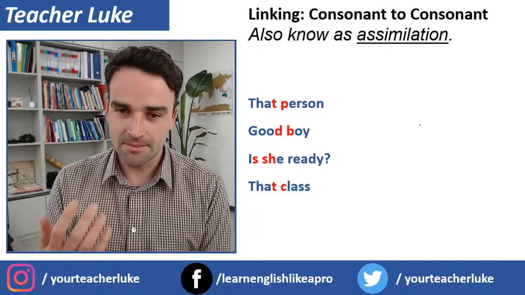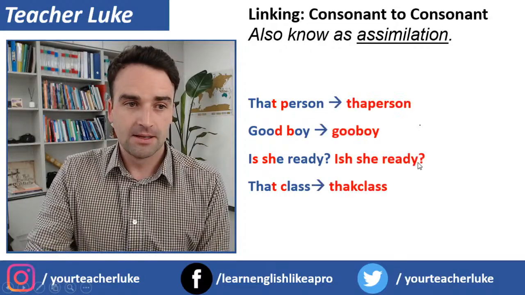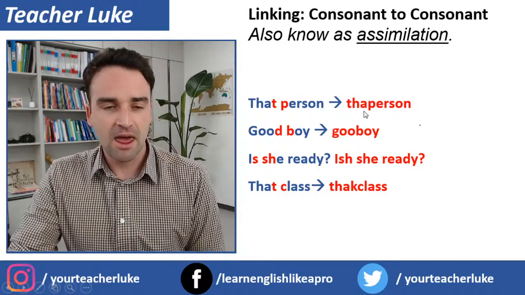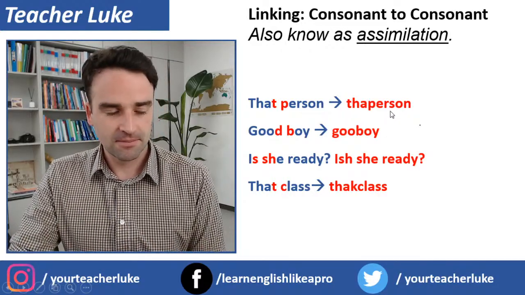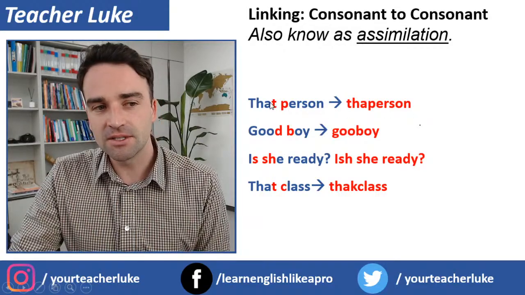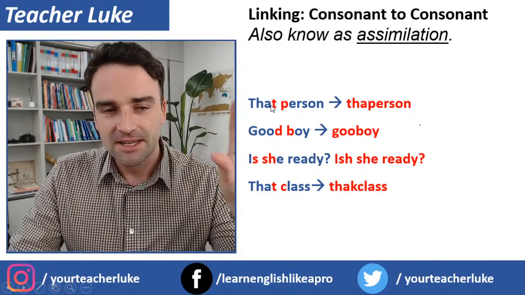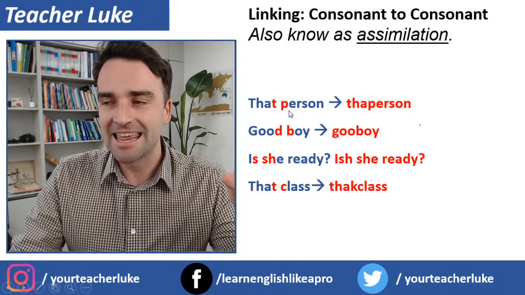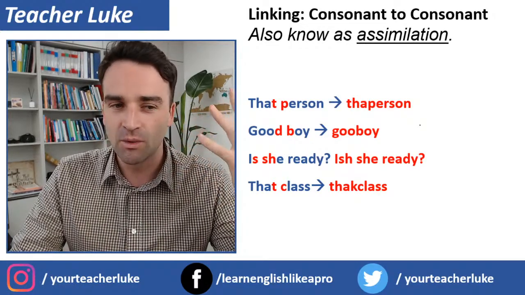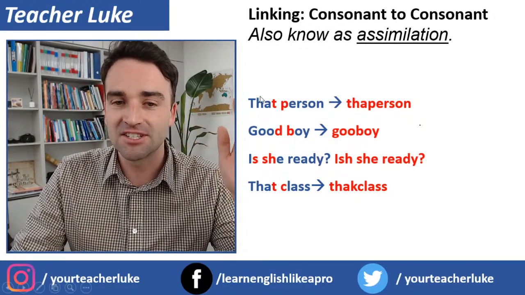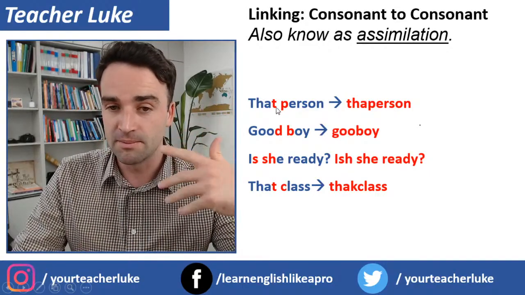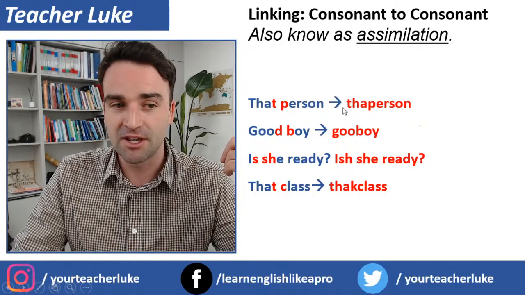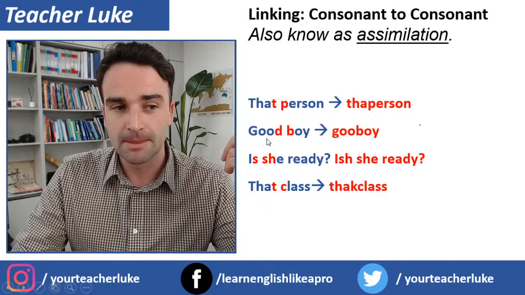So this is just a simple example of assimilation. That person becomes more like that person. The t sound is quite difficult to say if the next consonant is a p. That person, that's very tricky to say. So what happens is that t sound gets assimilated, that means gets changed or becomes adapted to this forward consonant sound. So it becomes more like that person. Same for this one.